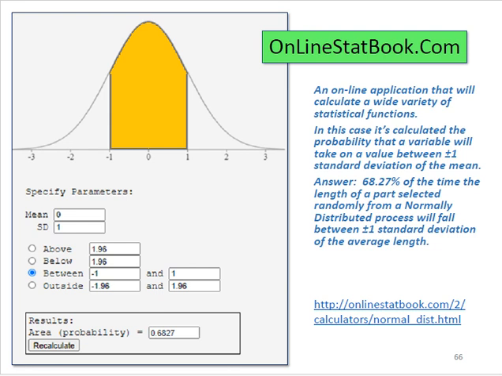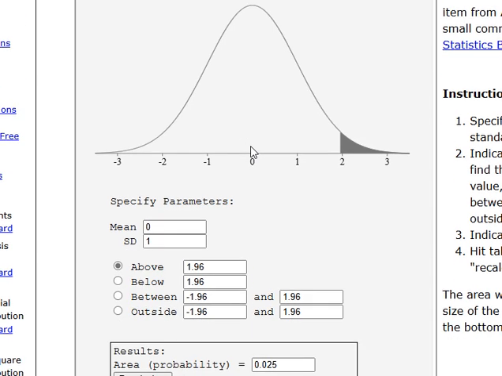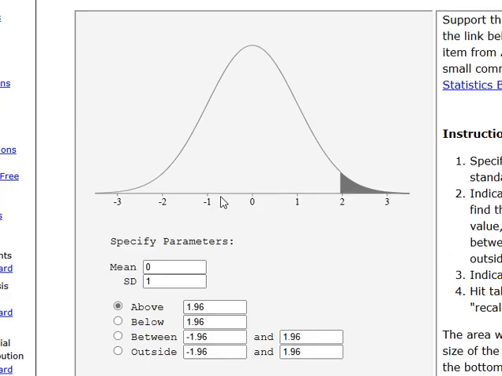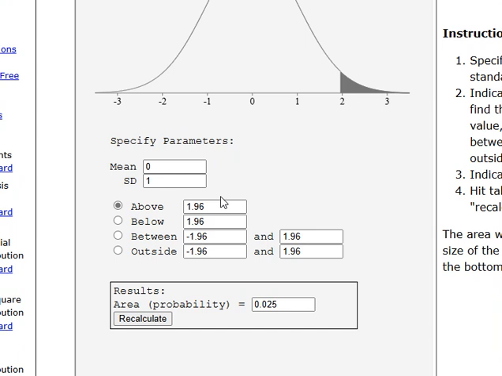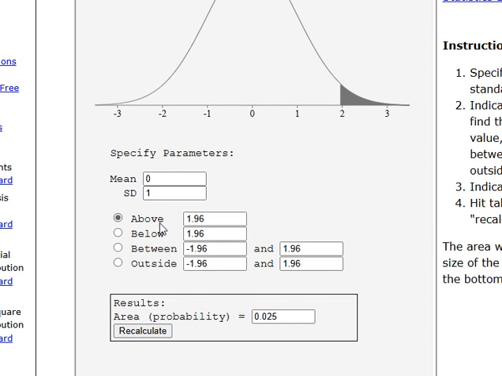You can use it for calculating probabilities. Here we are on this online stat book website, and you can find the probability, the area, like that. Your mean is 0 and your standard deviation is 1, so those are your parameters. Then you have above 1.96, below 1.96, and between minus 1.96 and 1.96, and we can calculate the result.